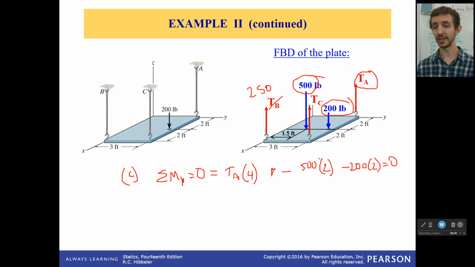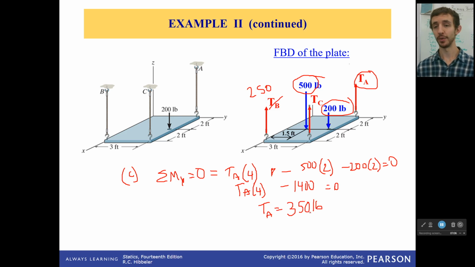Now if I solve that, I see I got 1,000 here, 1,400. Okay, so that'll be 1,400, okay, that's all equal to 0. And I divide 1,400 by 4, and I get that TA is equal to 350 pounds.